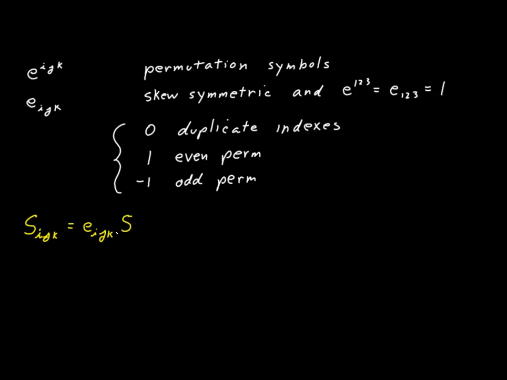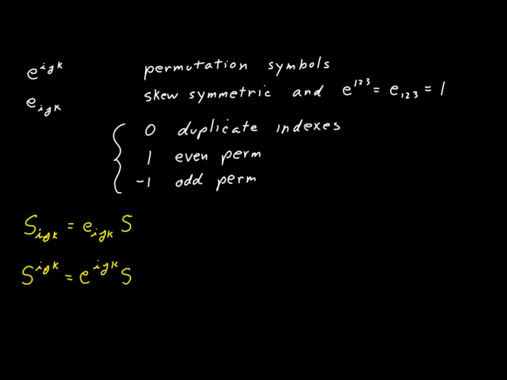Now the reason that we have two different permutation symbols is that we do the same thing if we're going to handle an expression like this, where the indexes are in the upper position. We simply use the other permutation symbol, E^ijk, so that our indexes match up across the equal sign like that.